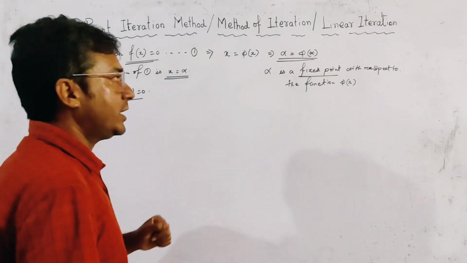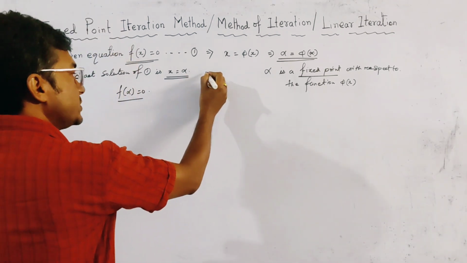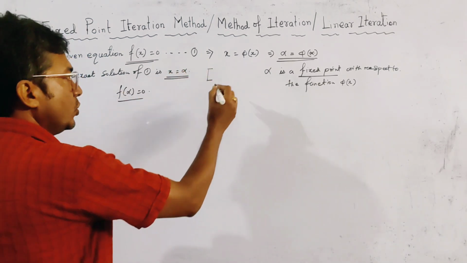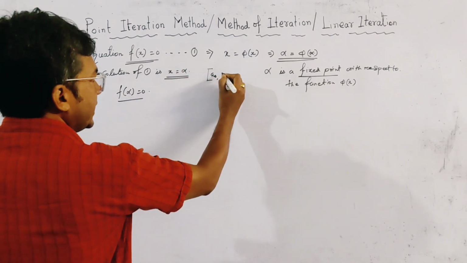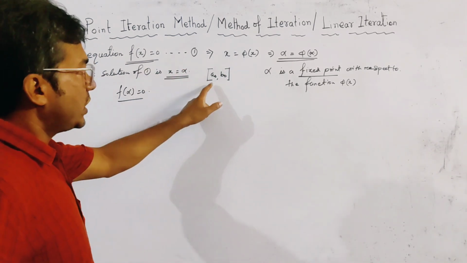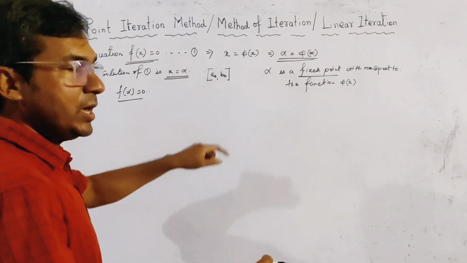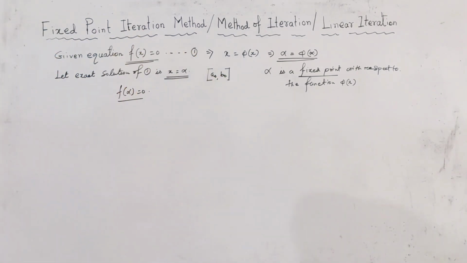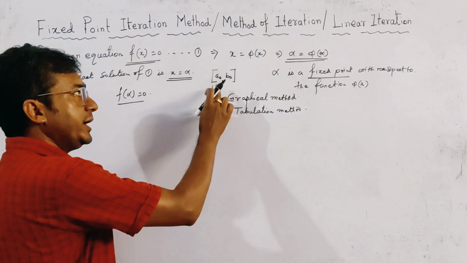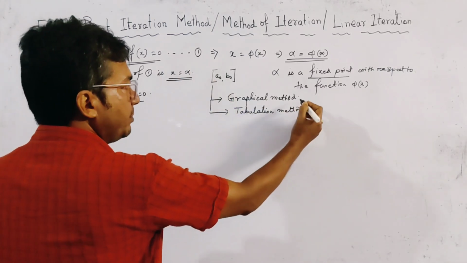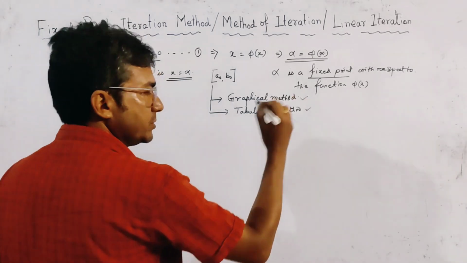Now we go to the initial stage of this solution. We first find an initial interval of approximation, taken as [a0, b0], in which the root alpha lies. How do we find the initial interval of approximation? We find it either by the graphical method or by the tabulation method.